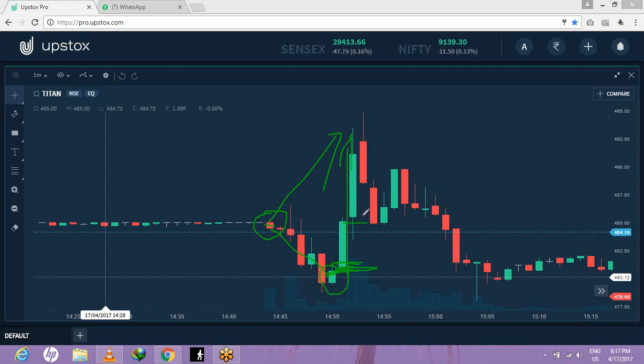After seeing these two gap opens, if you exited here, it was cost to cost. You would not have faced much loss. But till here it was making a decent profit, around 4 or 5 rupees. But it's fine.